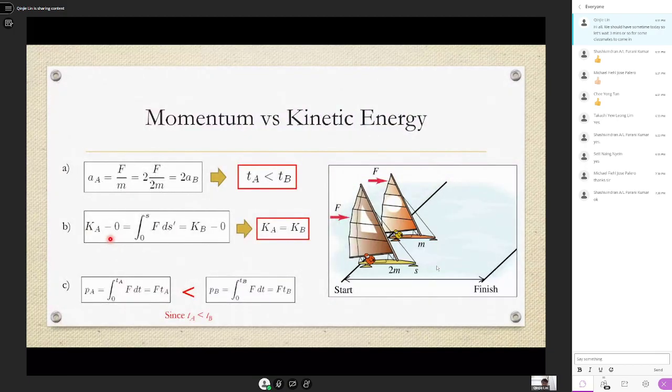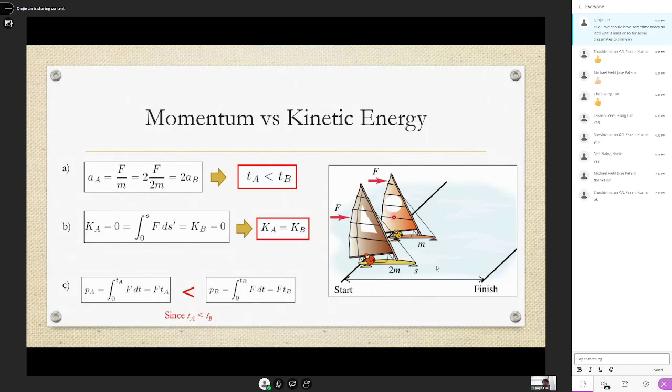So if we look at kinetic energy, they all start from the same point and they are not moving. So the kinetic energy at the end must be the energy gained during this distance. Correct? At the start, it's not moving, zero. Whatever energy at the end is the kinetic energy.